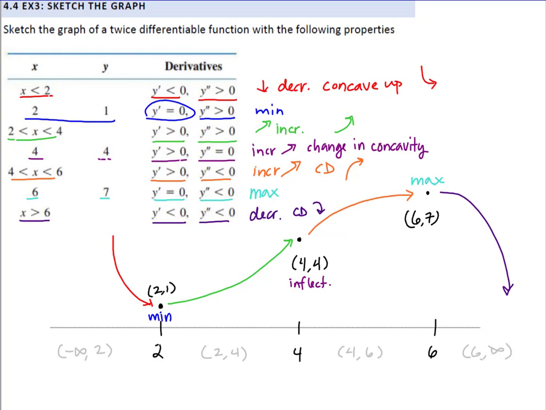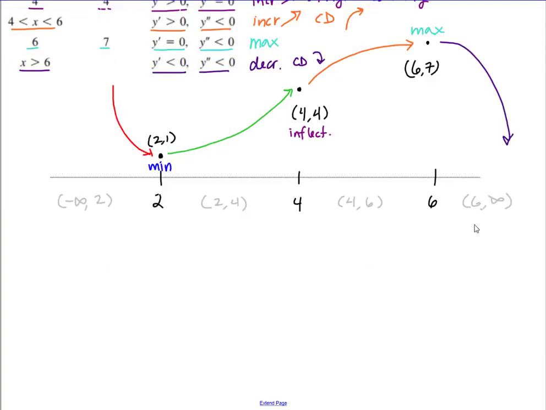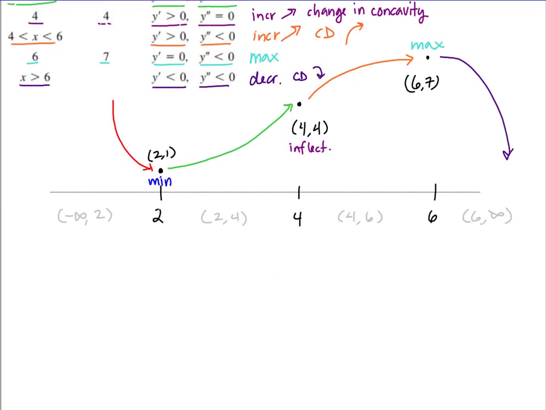So if I were to try and sketch this, and I'm going to just sketch this here, what we see is that this graph is doing something like this. We have a minimum at 2, 1.